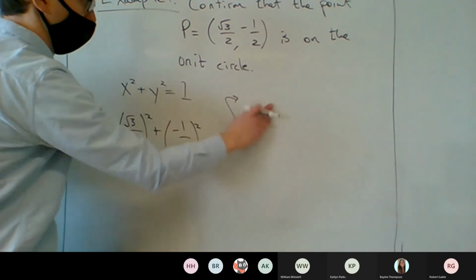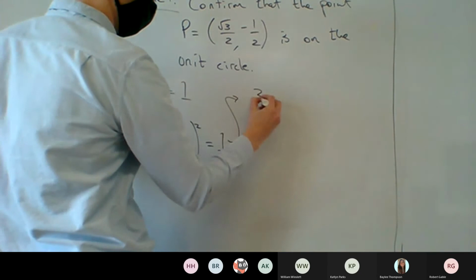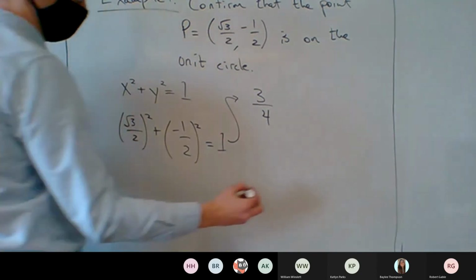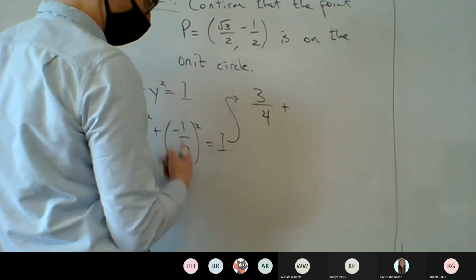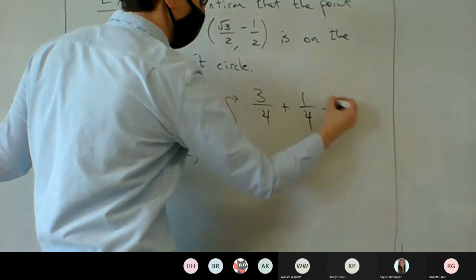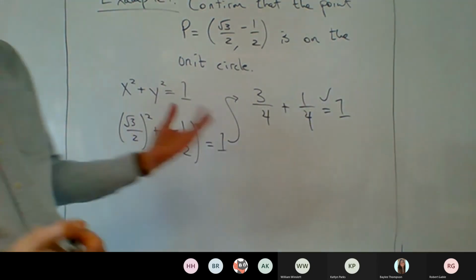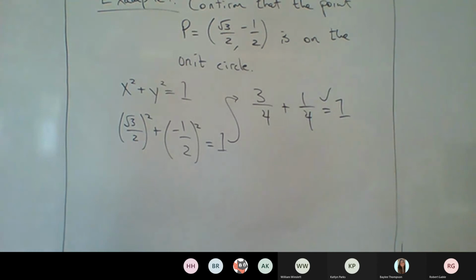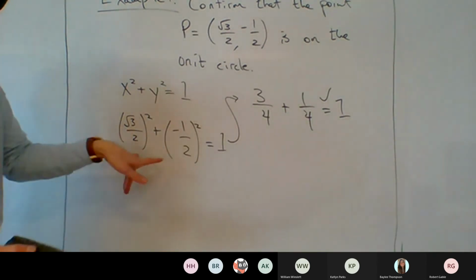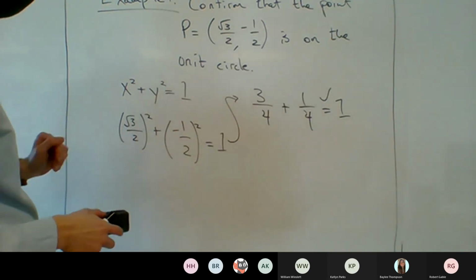Square root of 3 squared is 3, 2 squared is 4, so that's 3 over 4, plus negative 1/2 squared, which is 1/4. So I get equality: 3/4 plus 1/4 is 4/4, which is 1. Easy enough, right? Just make sure your algebra is fine. That's how you confirm that a point is on the unit circle.